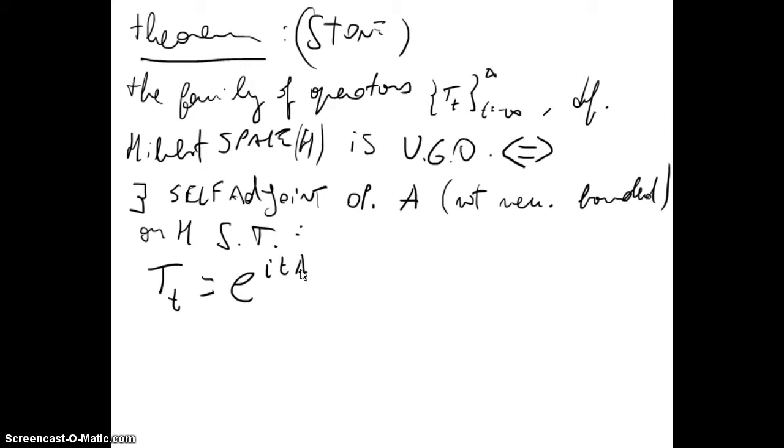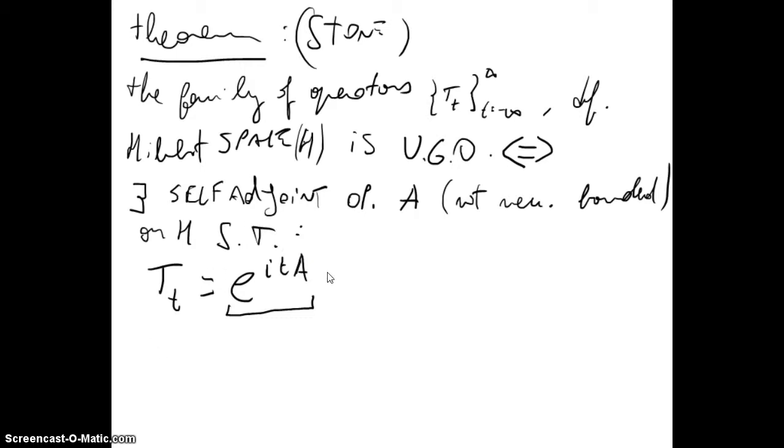So we have a characterization of the family of operators that are a unitary group of operators, and that can all be written in this way, where A is a self-adjoint operator.